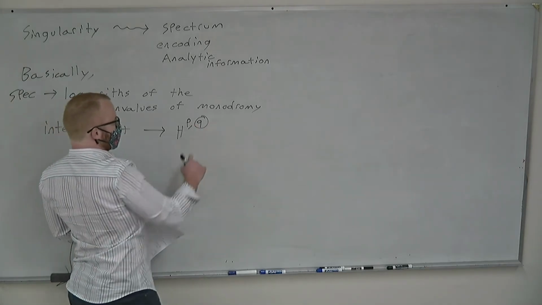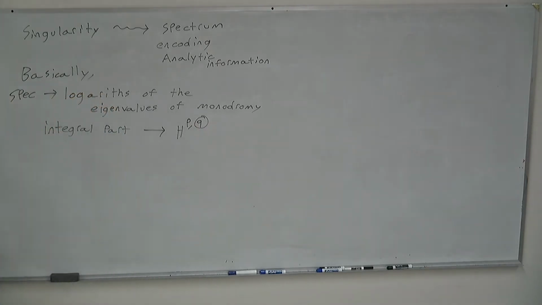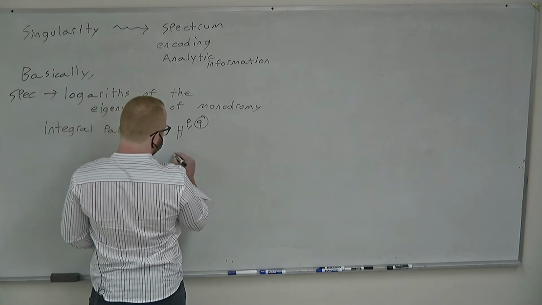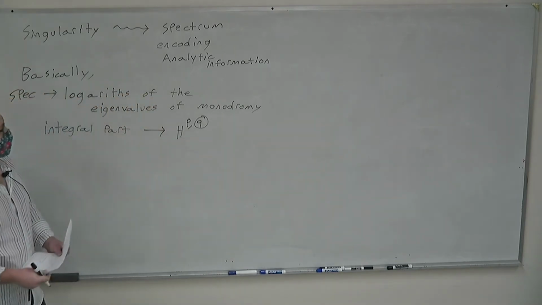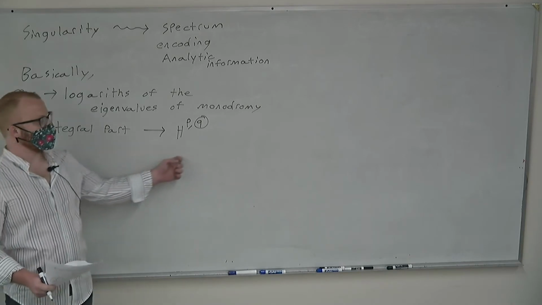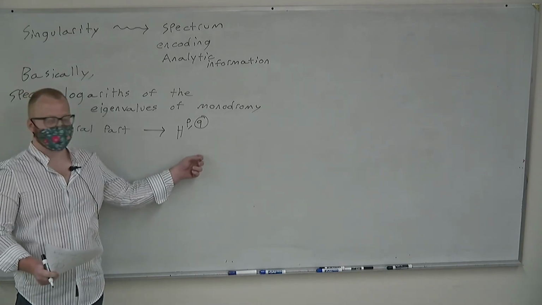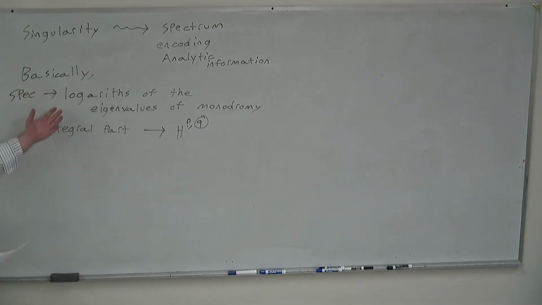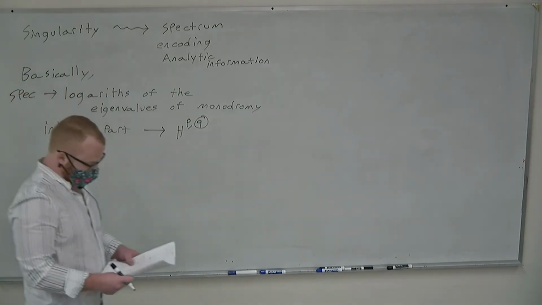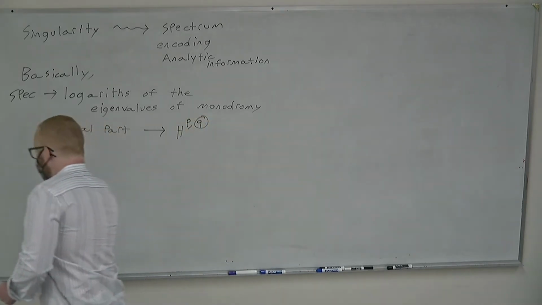So this q is going to be your integral part that monodromy acts on. For each eigenvalue, that eigenvalue is going to be acting on a certain piece of the mixed Hodge structure. And that qth part gives you the integral value of the spectrum. Okay.